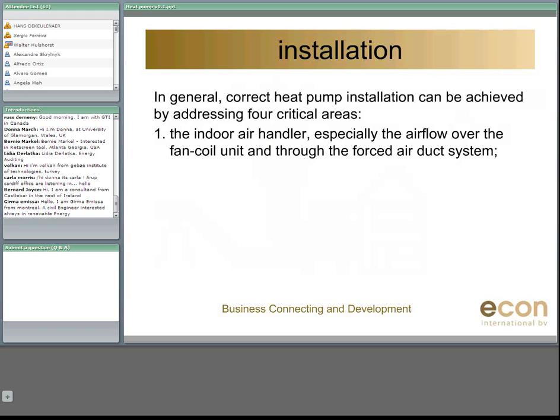Take care of the indoor air handler, especially the airflow. Well, I already told you there's an airflow about the fan coil, and please take care of it, because there is a forced airflow, and if there is any trouble with some aspects which could reduce or have negative influence on your airflow, you probably will get some problems with your heat pump.